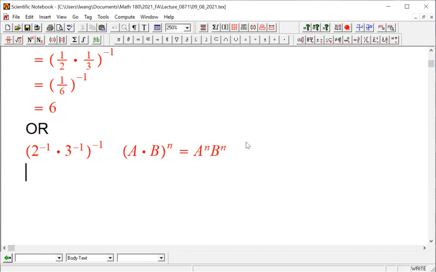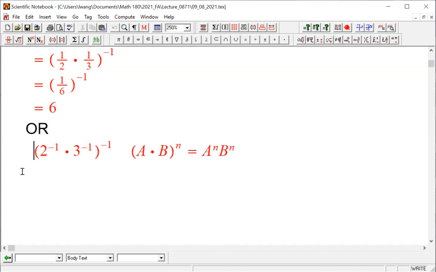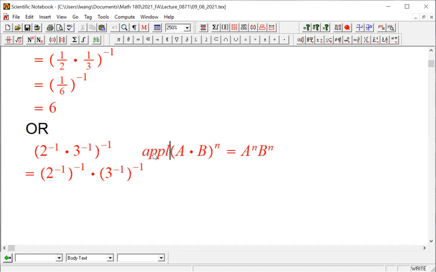So if I follow that, I will have my capital A raised to the power of -1 multiplied by my capital B raised to the power of -1 as well. You see that? I'm applying that property.